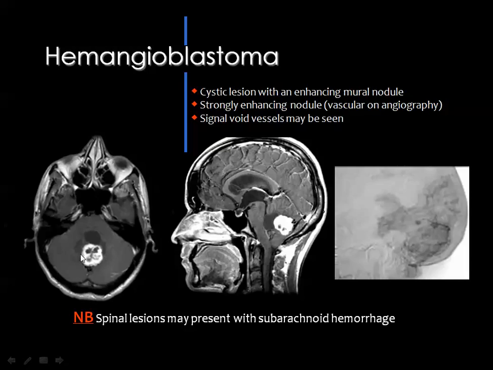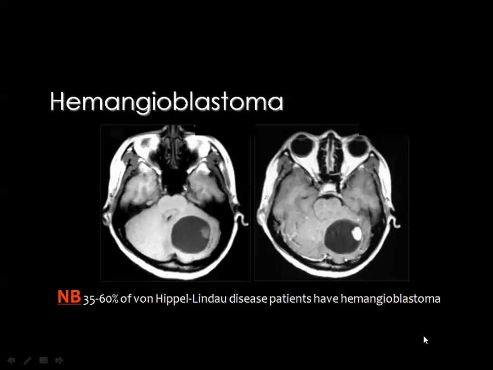In the angiogram, you can see this tumor blush corresponding to the nodule, indicating that this nodule is hypervascular. Then you can diagnose the hemangioblastoma. About 35 to 60% of patients having von Hippel-Lindau disease will have this hemangioblastoma.